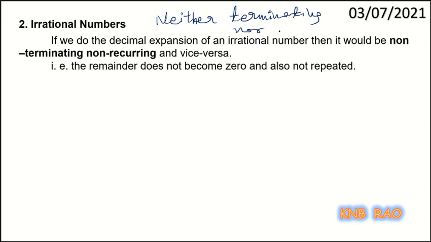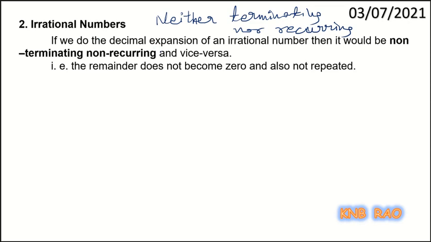Non-terminating, non-recurring is the same as neither terminating nor recurring. So, an irrational number is a number whose decimal expansion is neither terminating nor recurring.